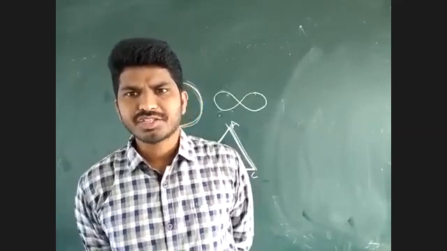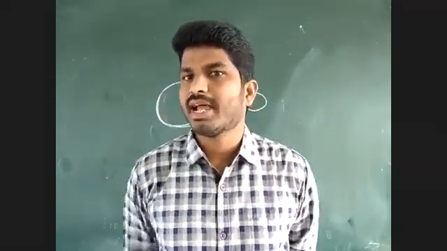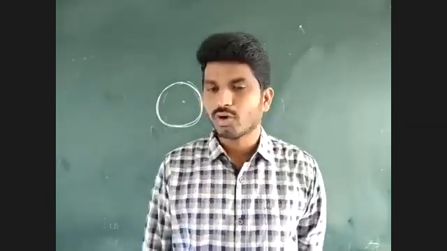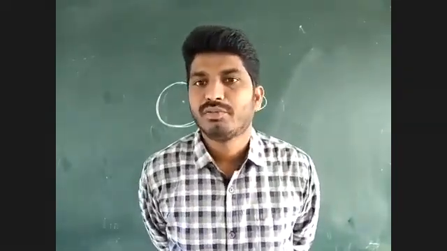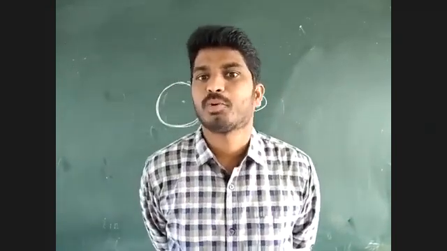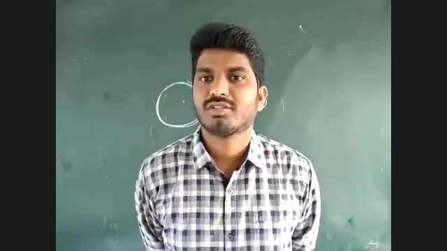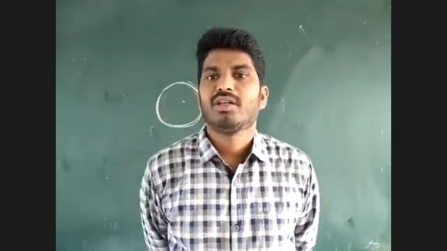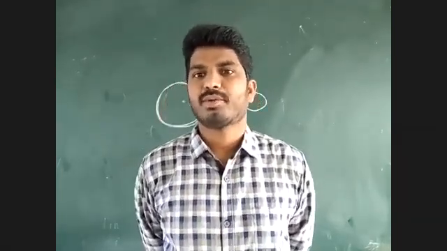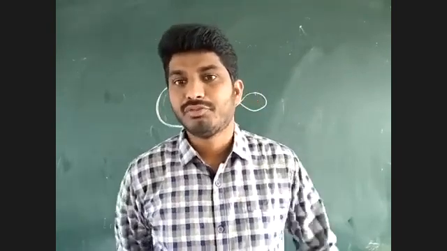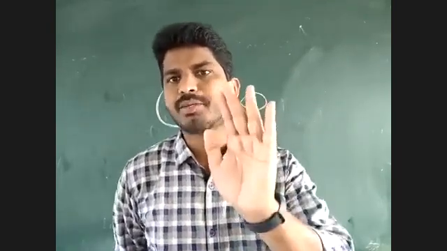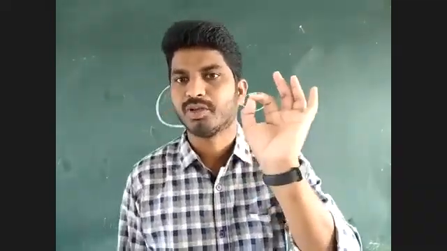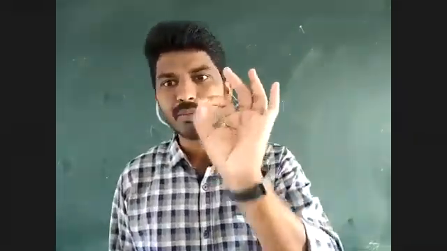Now, in this similar triangles chapter, we have four concepts. The first concept is the basic proportionality theorem and the converse of the basic proportionality theorem. If you learn these, you will be able to do exercise number 1.